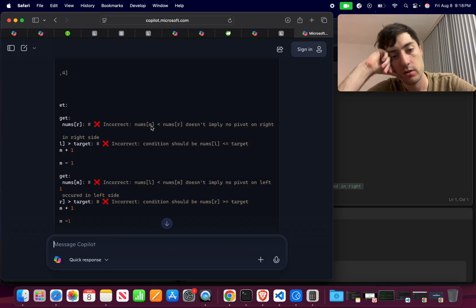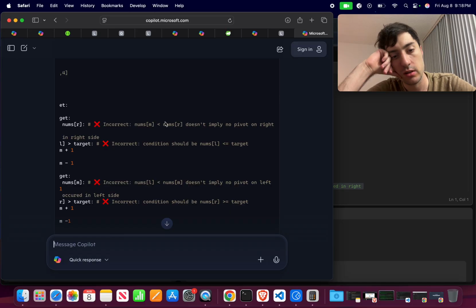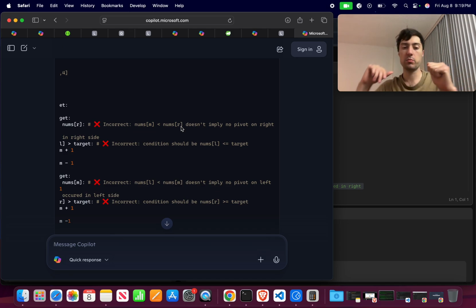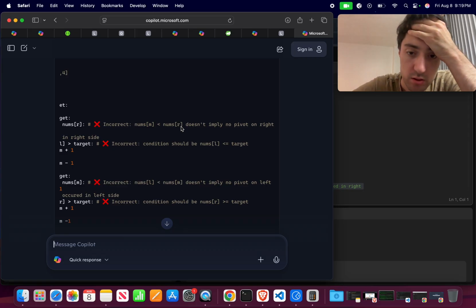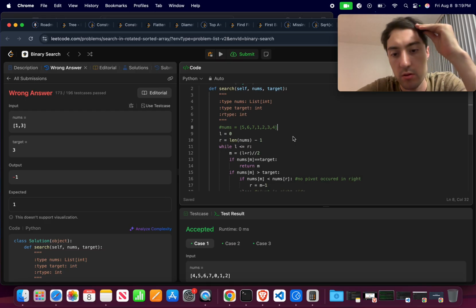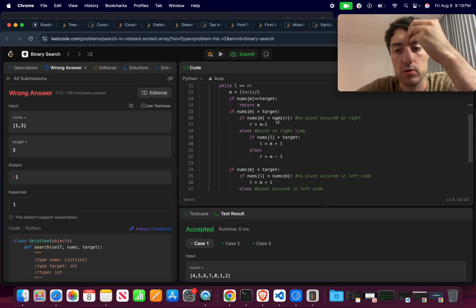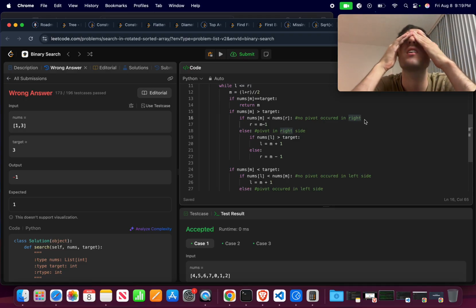So if my midpoint is greater than my right, my midpoint is greater than, oh, yeah. Wait, what? My midpoint is, alright, that would be the left, right? I hate this.